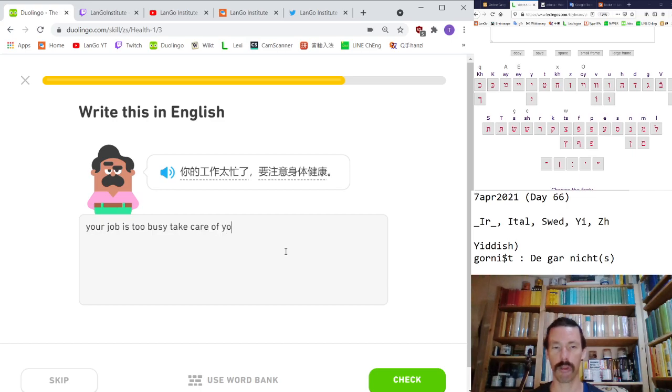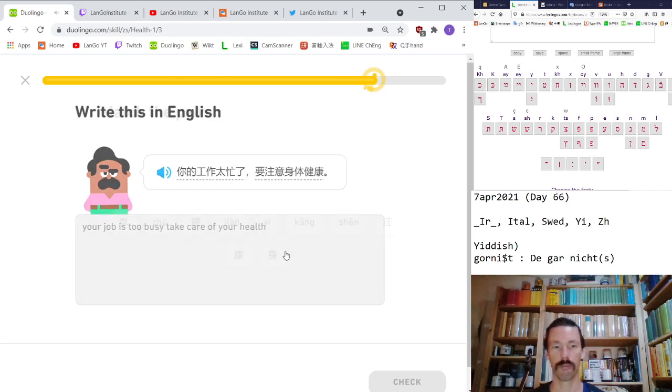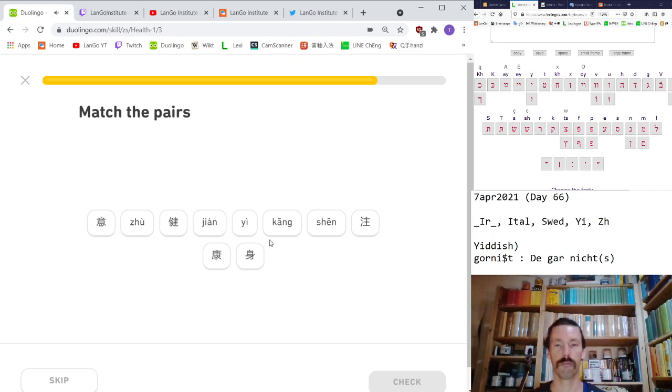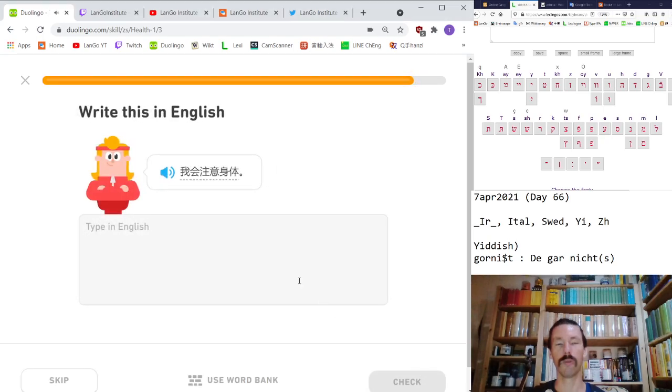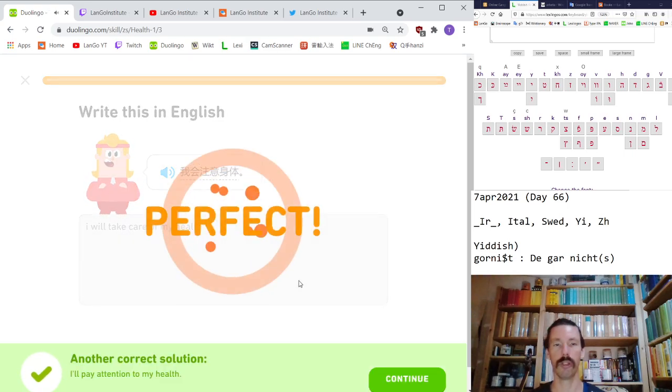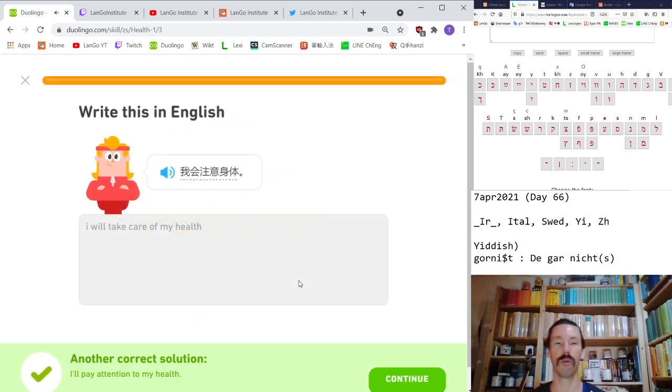Of your body health. So to pay attention, we say 注意身 and to say healthy, we say 健康。我会注意身体。I will take care of my health. Literally of my body. I will pay attention to the body.